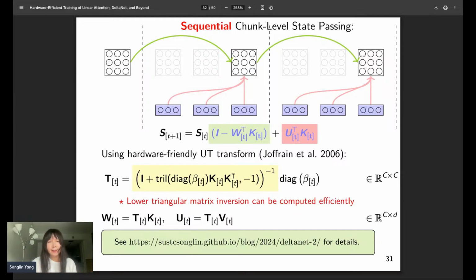And then once this C by C matrix is computed, we can compute this W and this U matrix using matrix multiplication. If you are interested in the derivation, you can read my blog post, where I derive this algorithm in detail.